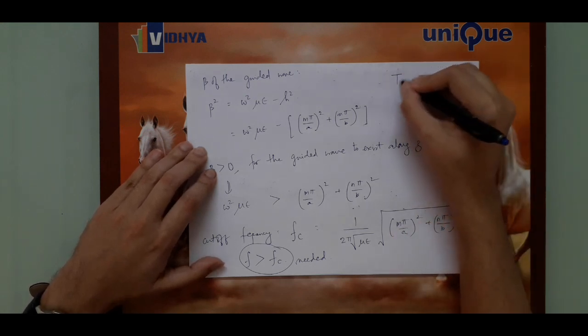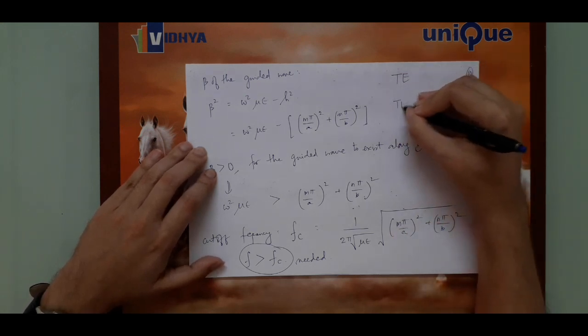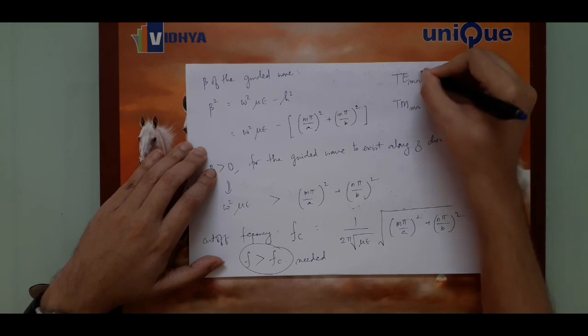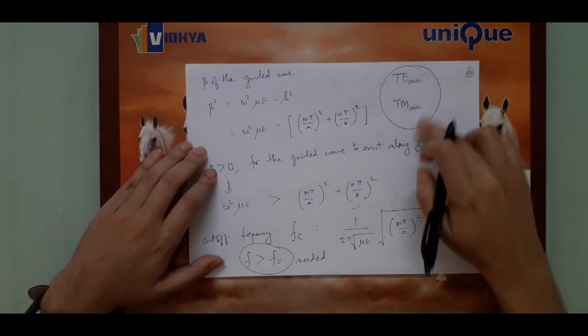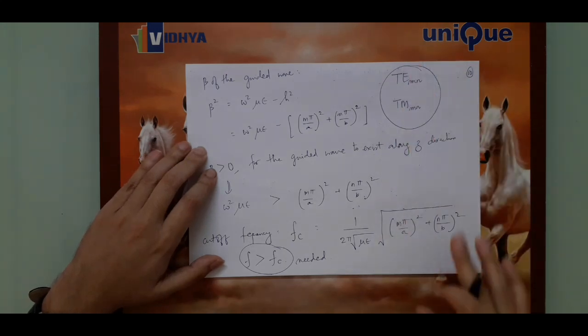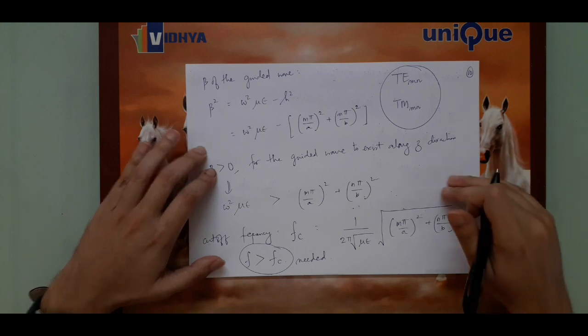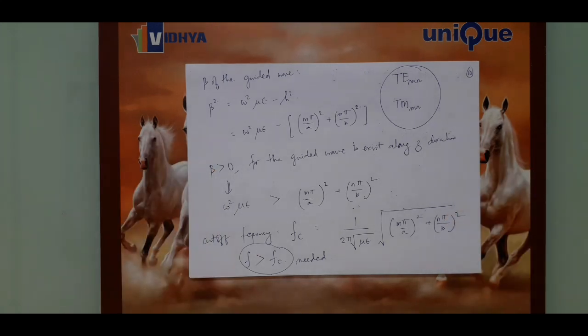So whether it is TE or TM, you must always write mode numbers m and n. There are now two numbers which tell you the mode of propagation. With this I shall stop today's class and let you think a little bit before we meet in the next class. Thank you.